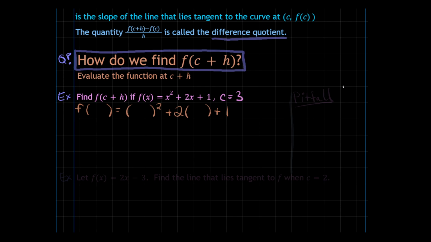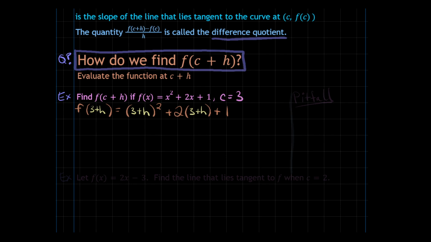Once you have it written out this way, put in the parentheses what you want your x value to be. In this case, our c is 3, so c plus h is going to be 3 plus h. So we'll put a 3 plus h in each of those empty parentheses.